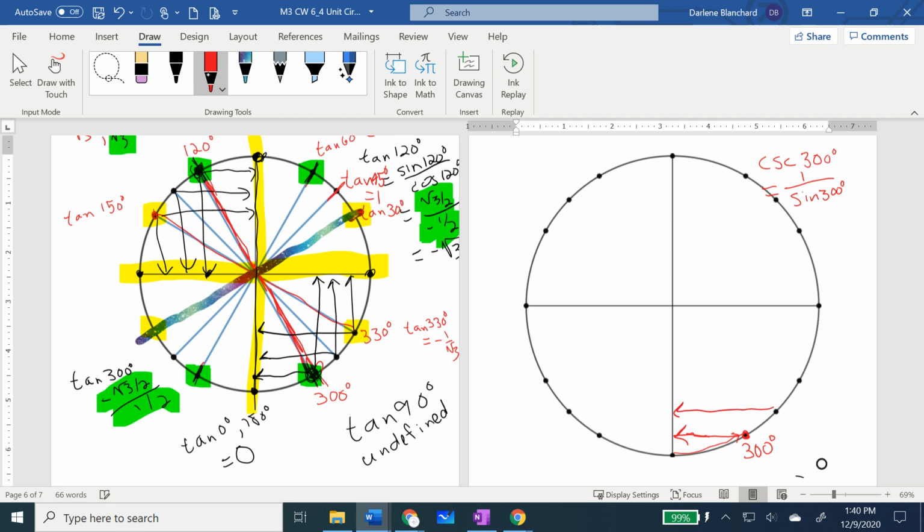Based on its relative position, it is the third one away from the origin on the negative y-axis. So the sine is negative root 3 over 2. How do you reciprocate a fraction quickly? Flip it. So negative root 3 over 2 flipped is negative 2 over root 3. And I am perfectly okay with you leaving roots in your denominator.